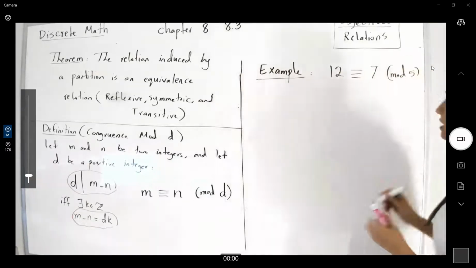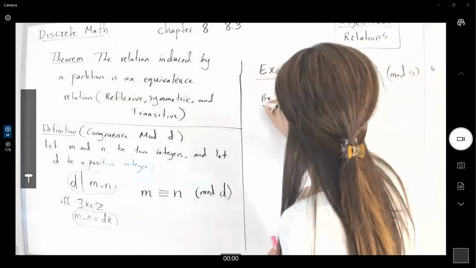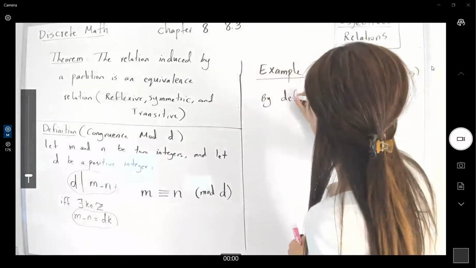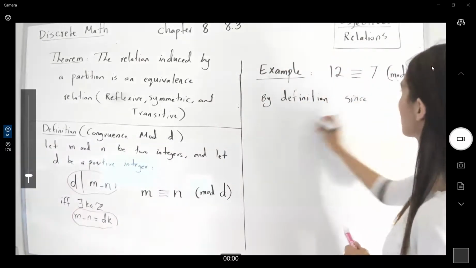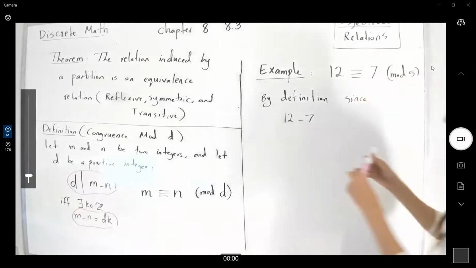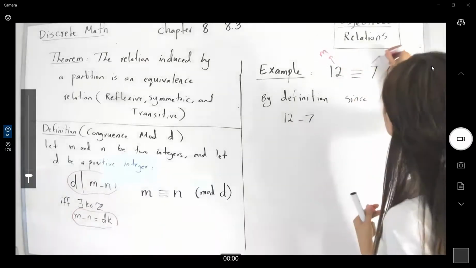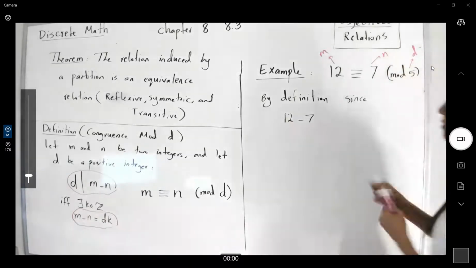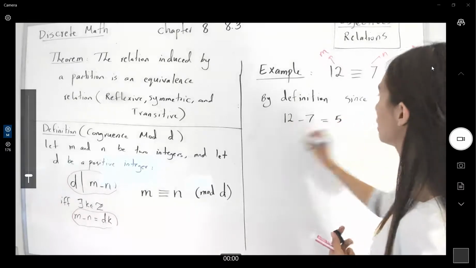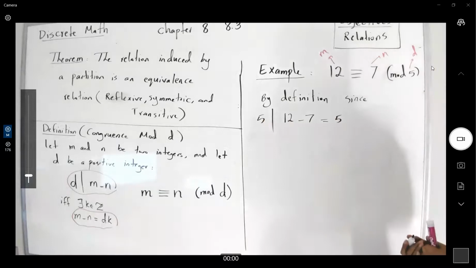Okay, it's very easy to verify. By definition, 12 minus 7, so 12 is your m, 7 is your n, and 5 is your d. 12 minus 7 is equal to 5, and 5 divides 5, of course, that makes sense.